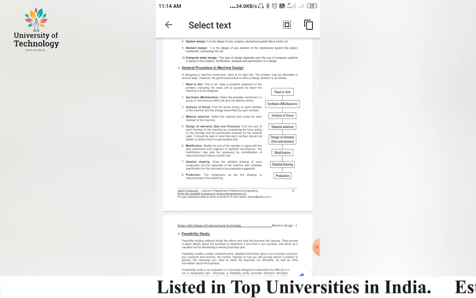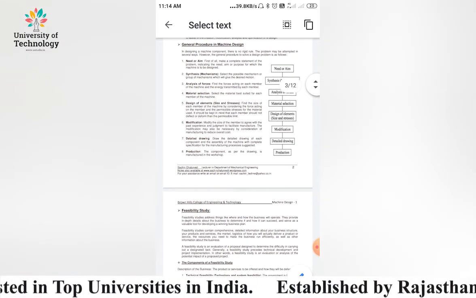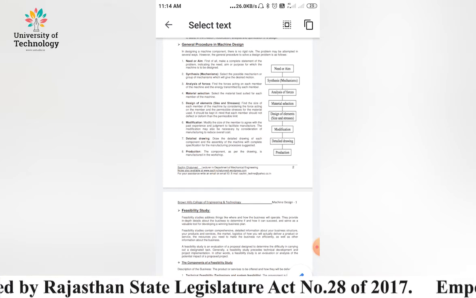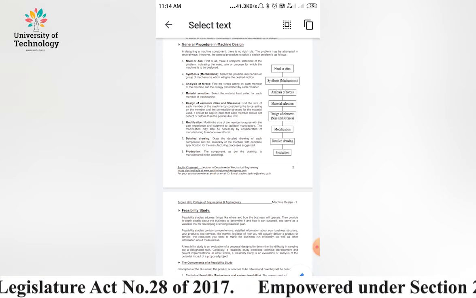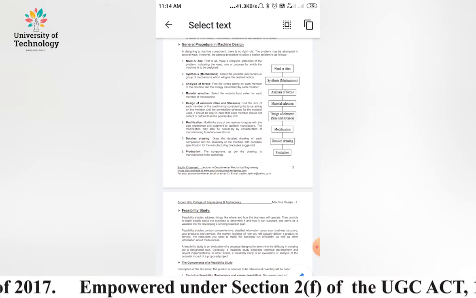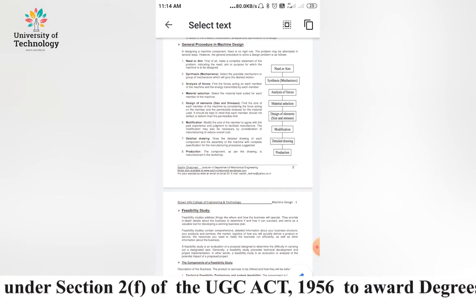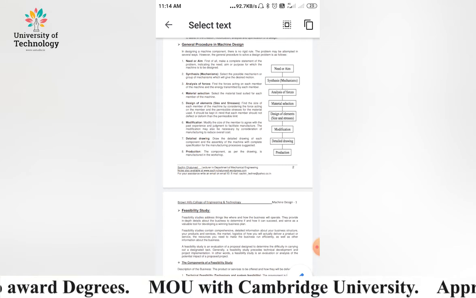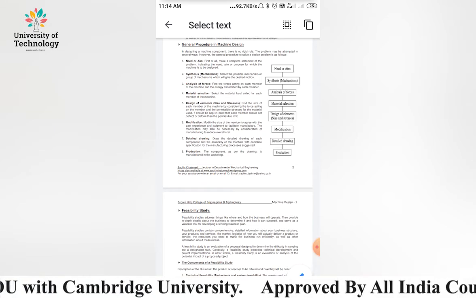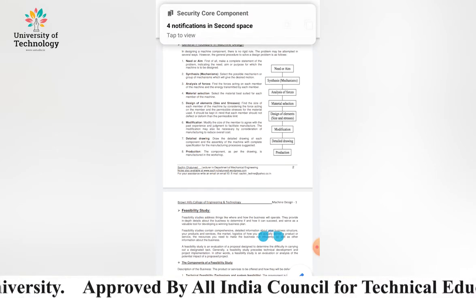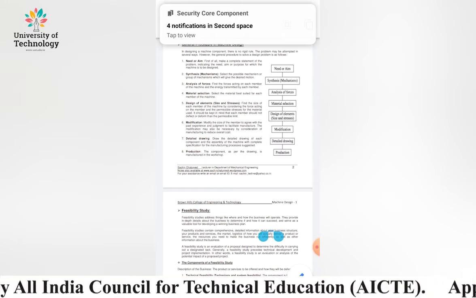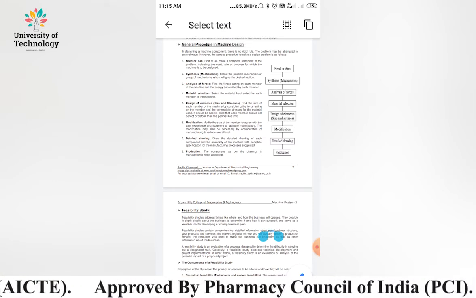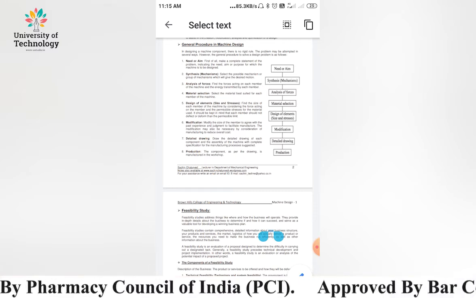General procedure in machine design. Now we will discuss the procedure of designing any machine parts. In designing machine components, there is no rigid rule. The problem may be attempted in several ways.